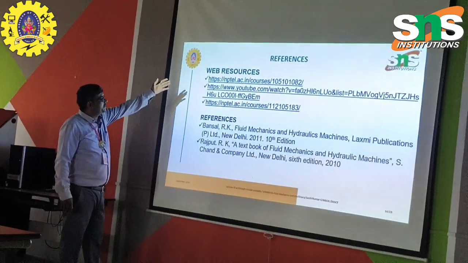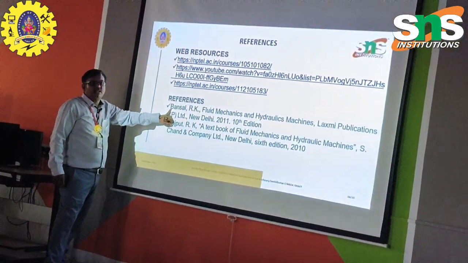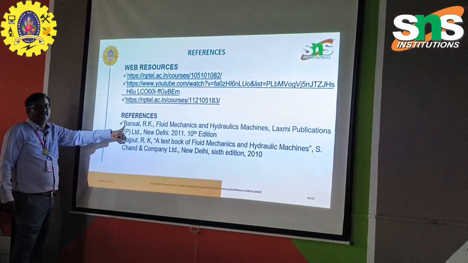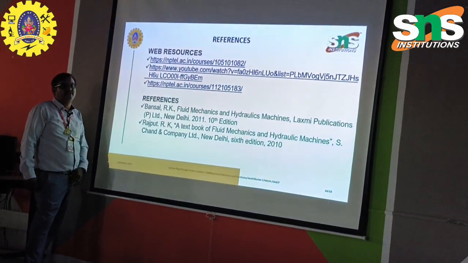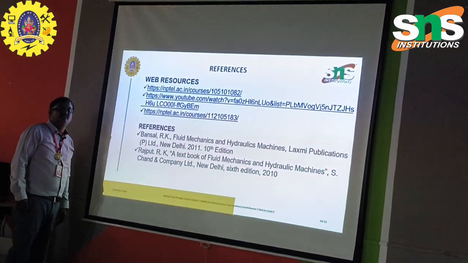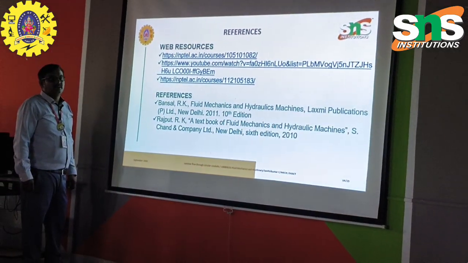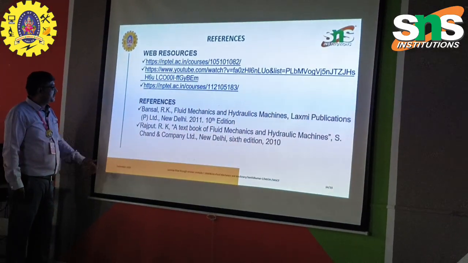So these are the web references. Just use the Bansal book, which is having a lot of material in the new version, having the objective type questions, which is suitable for preparing for the GATE examination, and for attending any quantitative methods examination, any aptitude examination. Next is Rajput.